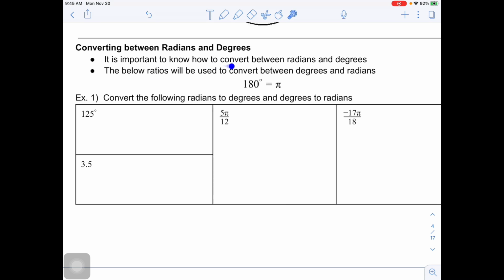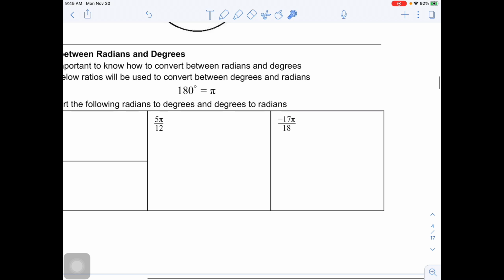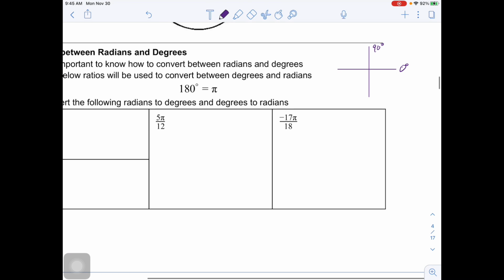Okay, so let's see how to convert between radians and degrees. It's important to know how to convert between them. The ratio we'll use to convert between degrees and radians is 180 degrees equals pi. That's a really useful piece of information. Hopefully you watched the review video. But remember, if we extend this, we can already start naming some of our Cartesian plane using radians.